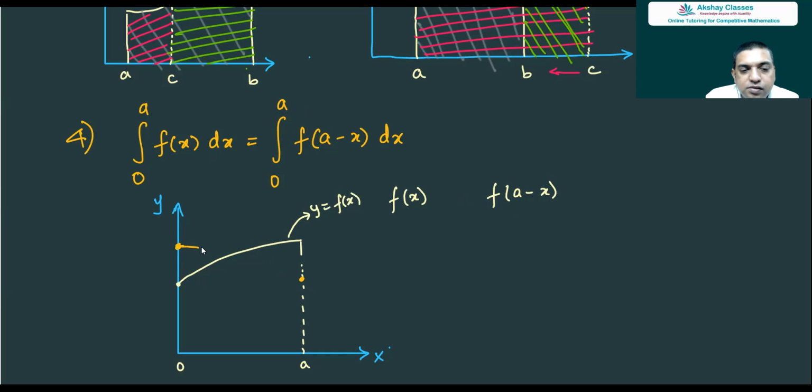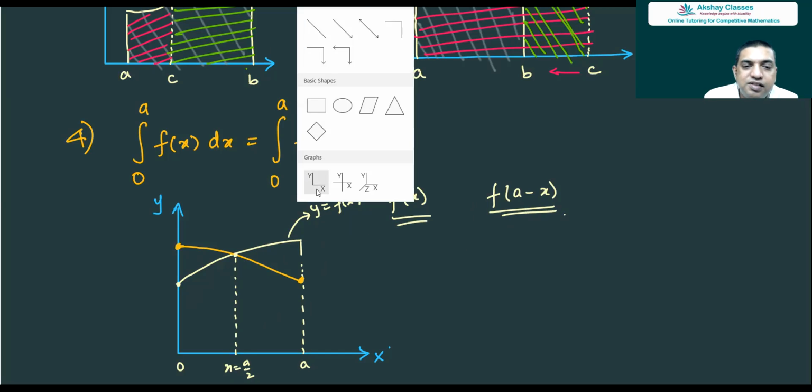So you get a function that is decreasing. What we get is this type of a function: f of x and f of a minus x are symmetric about the line x equal to a by 2. At x equal to a by 2, both values will be equal. And across that, they will be symmetric.